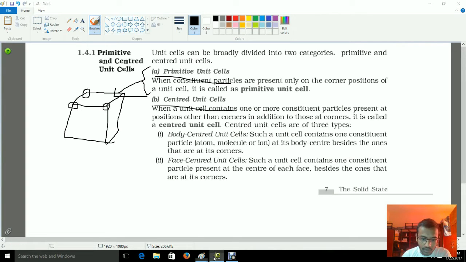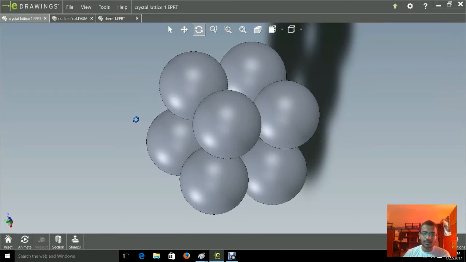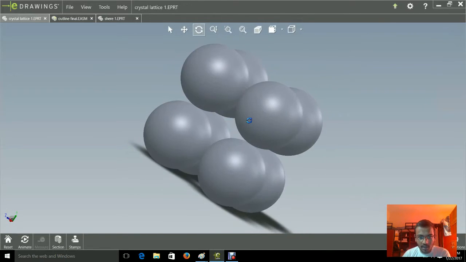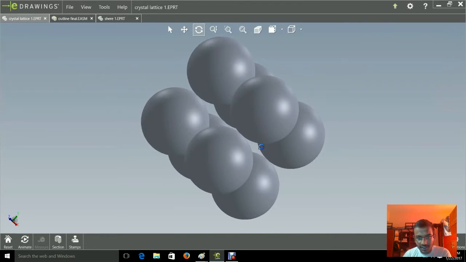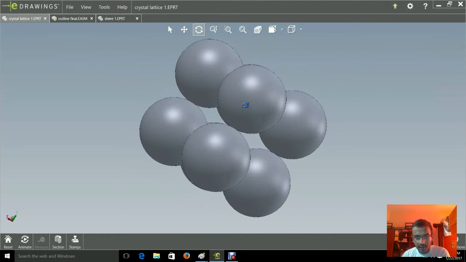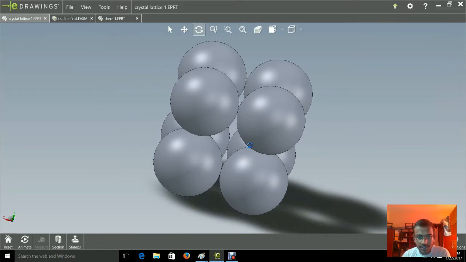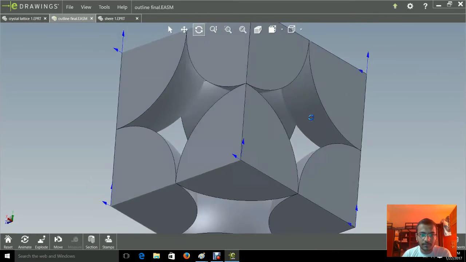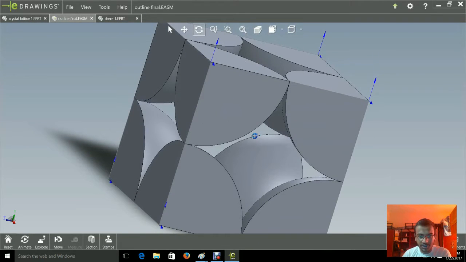Let me show you the file. Yes, like this. The atoms will be arranged in such a format. There are 8 atoms on the 8 corners of each cube. Okay, this will be much clearer.